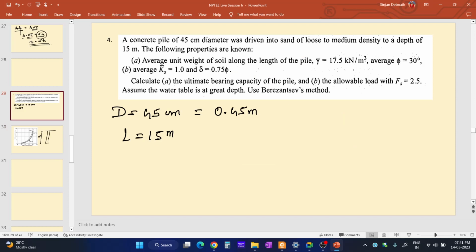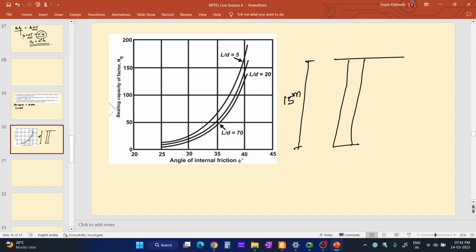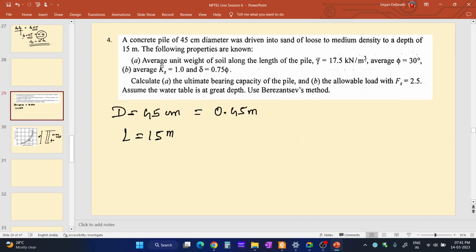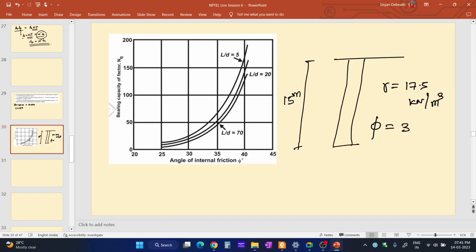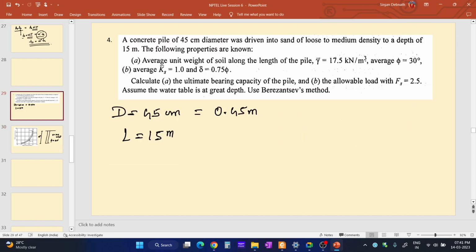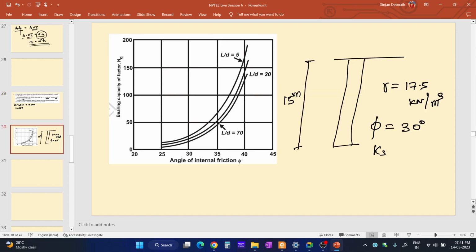What is the unit weight? Unit weight is 17.5 kilonewton per meter cube. How much is phi? Phi is 30 degrees. Ks is equal to 1.